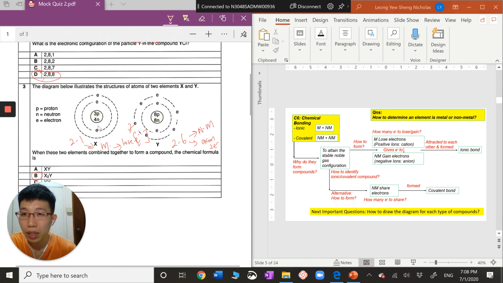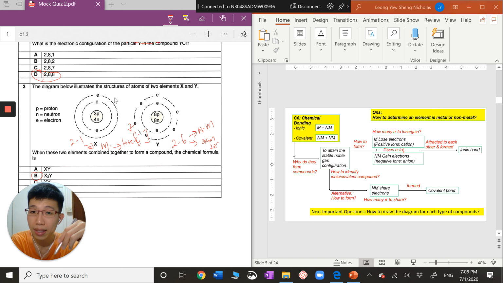For question 3, whenever you look at this type of question, where they give you the electronic configuration or a diagram, the first step is to write down the electronic configuration. So it's 2.1 for X and 2.6 for element Y. When these two elements combine to form a compound, the first step is to identify whether they are metal or non-metal.